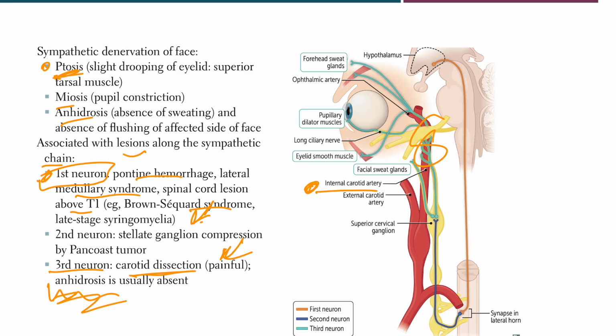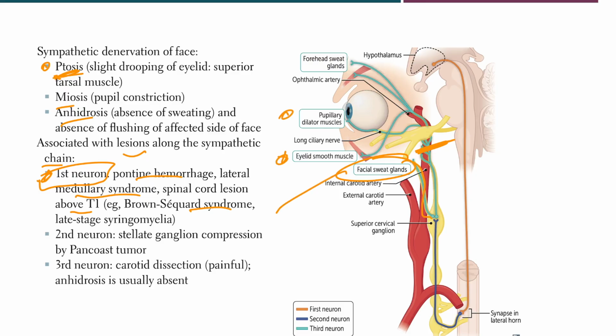If you take a look, these fibers are already going before they can actually. So if we have an aneurysm or dissection here, you're knocking out your muscles and not the facial sweat gland. So anhidrosis is absent.